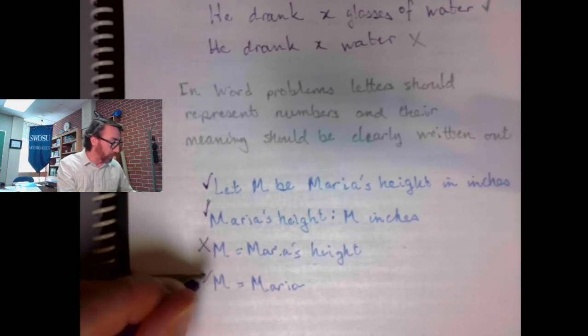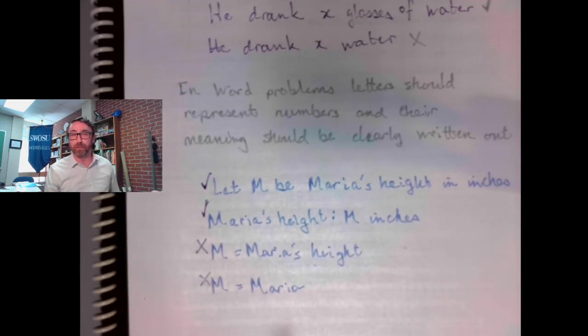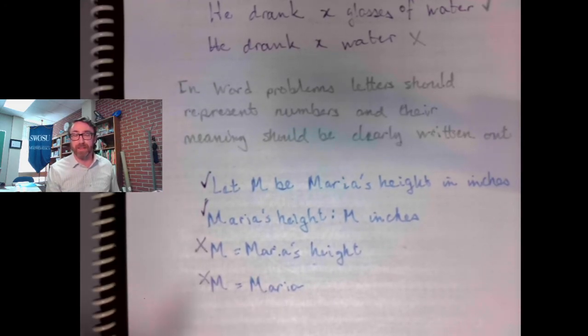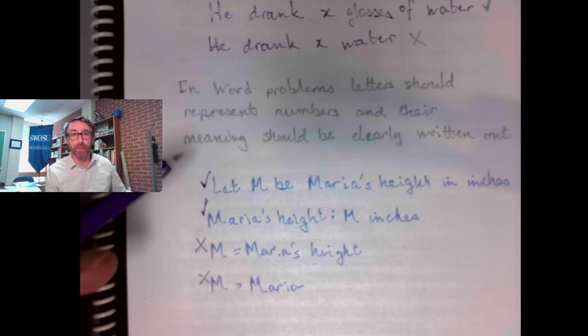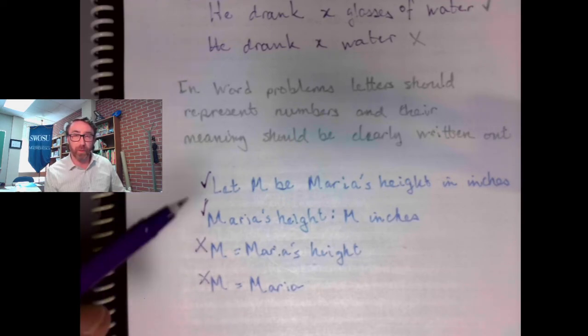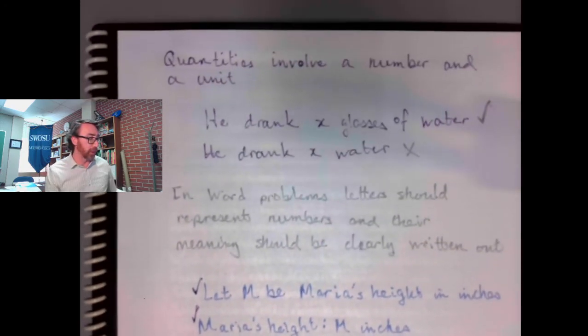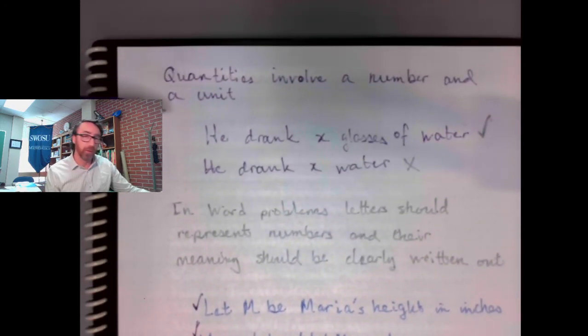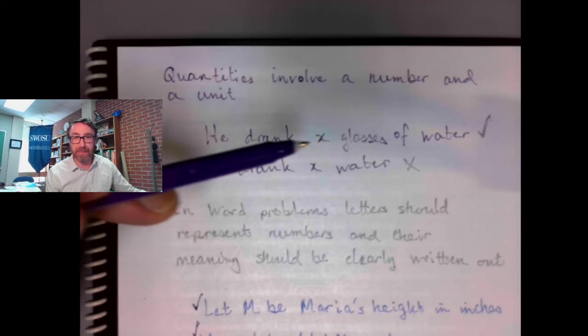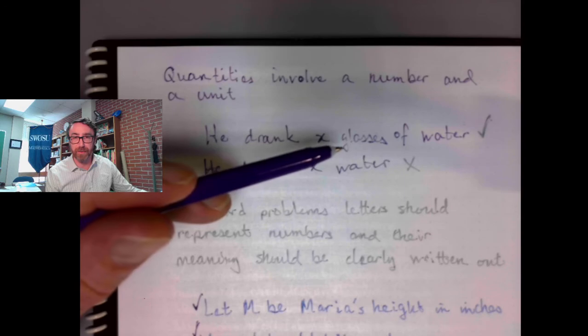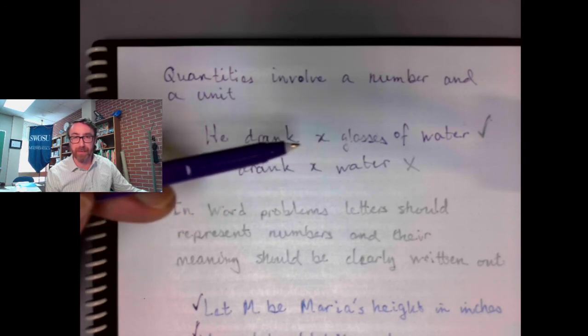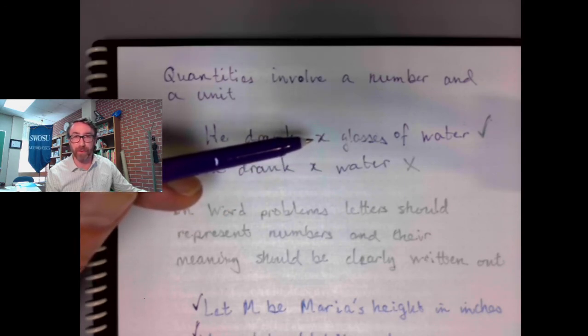And this is also terrible. M equals Maria. That's no good. This is saying Maria is the same as a number. Well, we don't want that, right? The letter is supposed to stand for a number, and we should clearly write out what that number is. Okay, and up here, talking about quantities again, he drank X glasses of water. That's the number, and that's the unit, X glasses. X is our number, whatever it is.